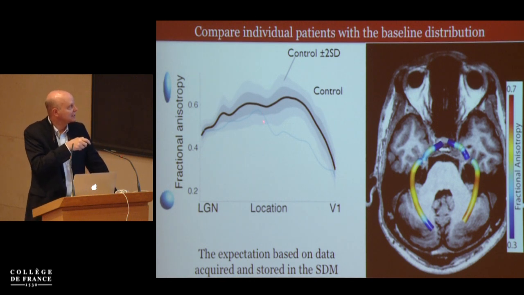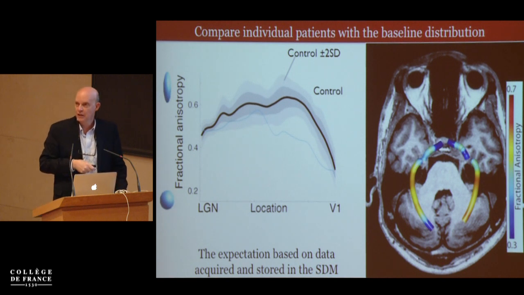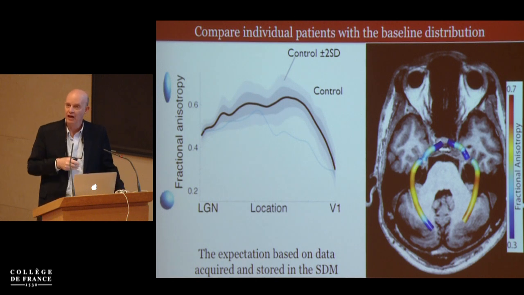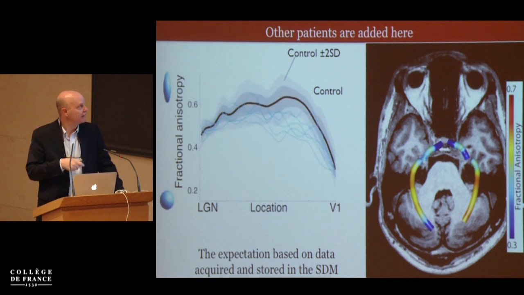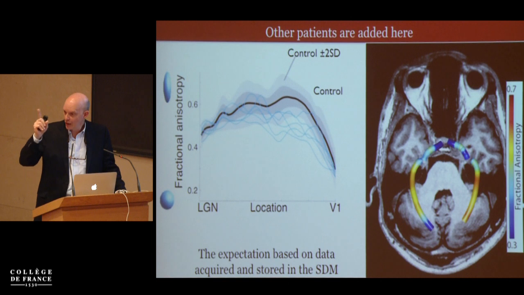And here's this particular individual, and you can see that at this location, this person is off the distribution. So something's wrong with this person's optic radiation following this retinal ganglion cell disease. And we had, I don't know, about 8 or 10 of them, 7, I forget, some number. And some are actually within the distribution, and some are off the distribution. So it's one at a time.